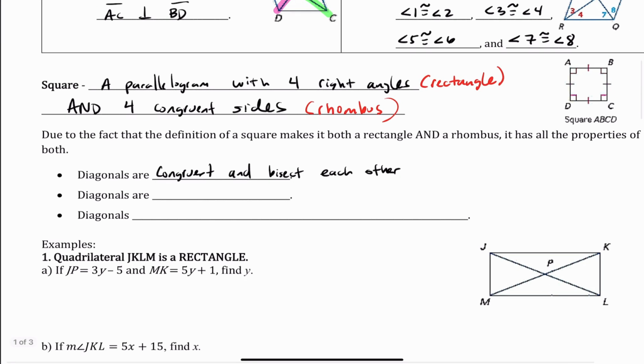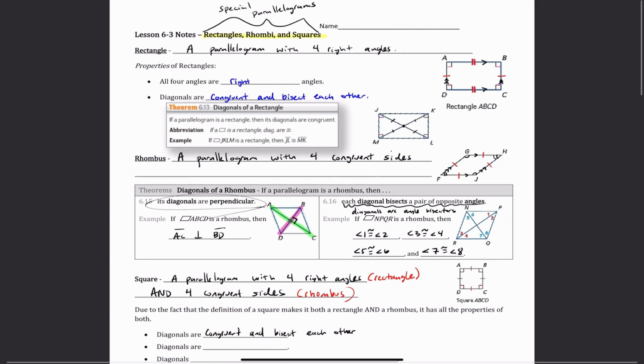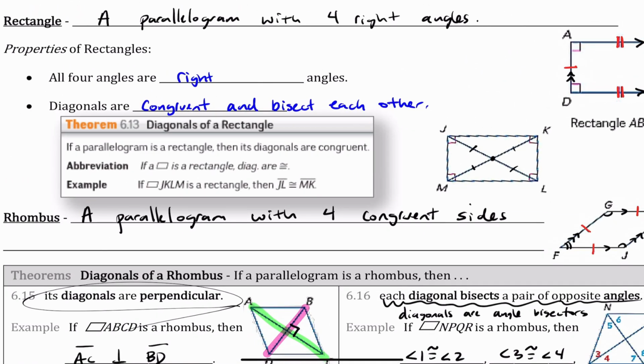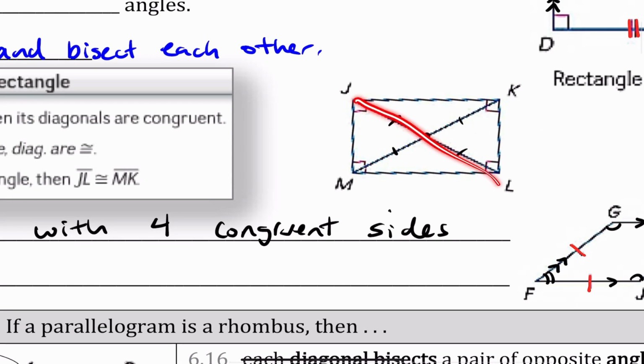Because if we look at the diagonals of a rectangle, we said that if you look at the measure of this diagonal and compare that to the measure of that diagonal, they are the same. And since both the rectangle and a square are parallelograms, the diagonals are going to bisect each other, right? They're going to bisect each other at a midpoint, and the midpoint is going to split segments into 2 congruent parts.